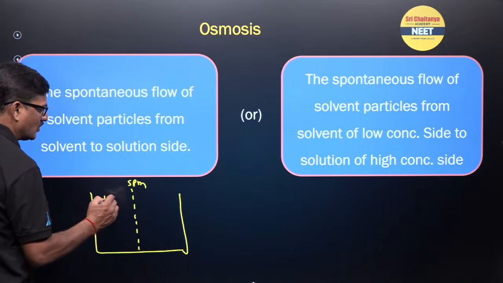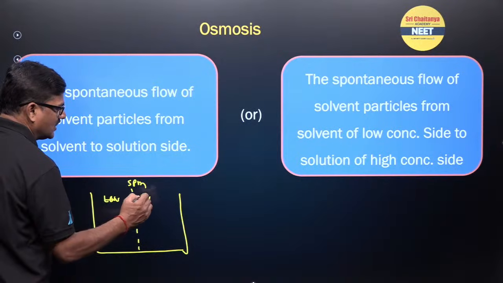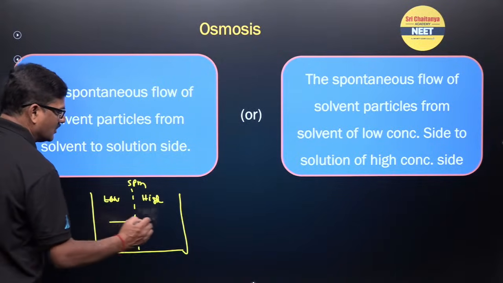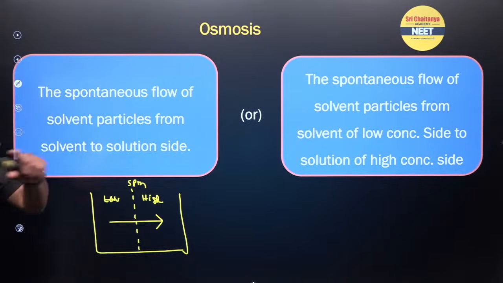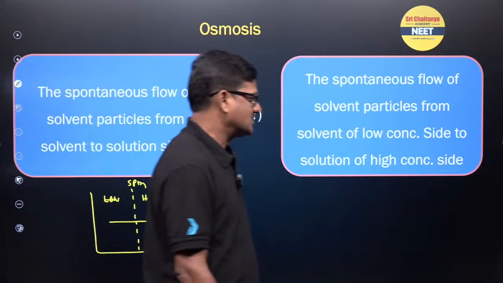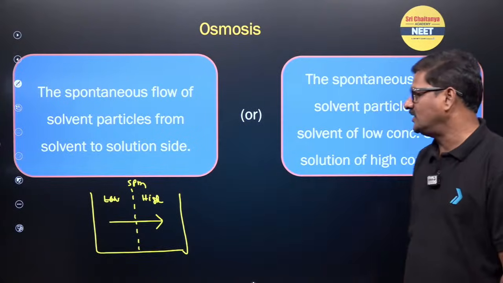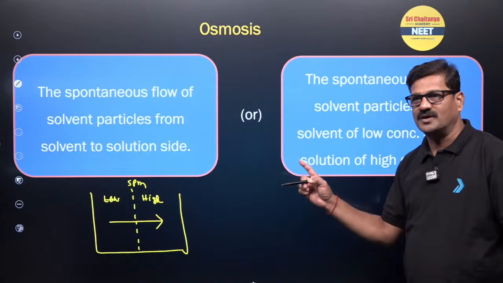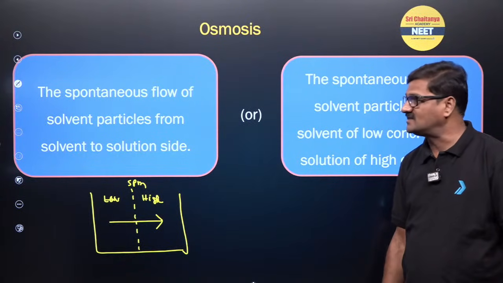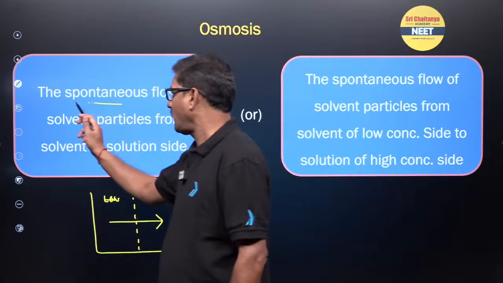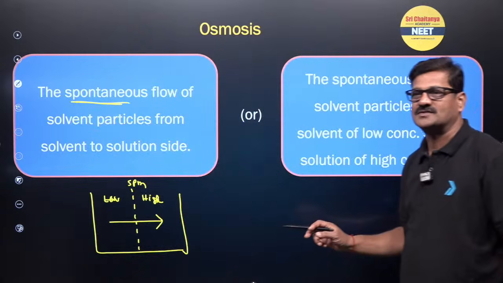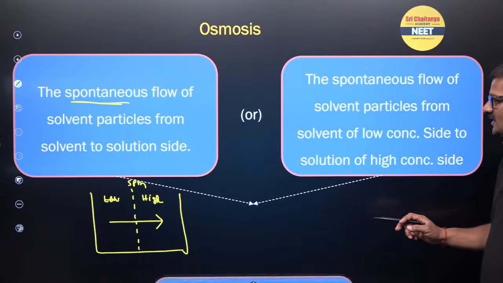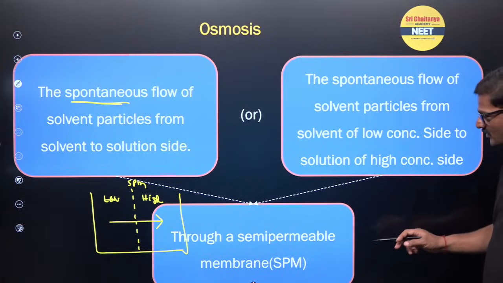Solvent migrates from the low concentration to the high concentration across the SPM, that is called a semi-permeable membrane. This is a spontaneous process, and this process is called osmosis.